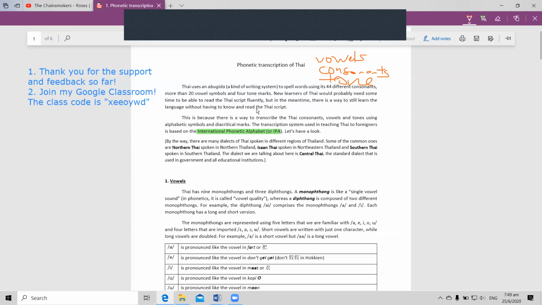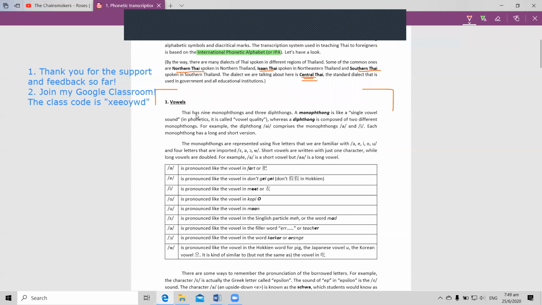For example, there are some major dialects such as Northern Thai, spoken in Chiang Mai, Isan Thai, spoken in northeastern Thailand, and Southern Thai, spoken in Hat Yai, for example, or Phuket. All right. So the Thai that we are talking about in this class and in Thai classes in all the universities is the Central Thai dialect. Okay, the Central Thai dialect. We're learning the Central Thai dialect. So let's begin. Let's look at the vowels.